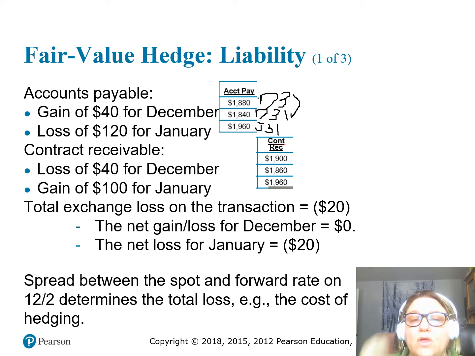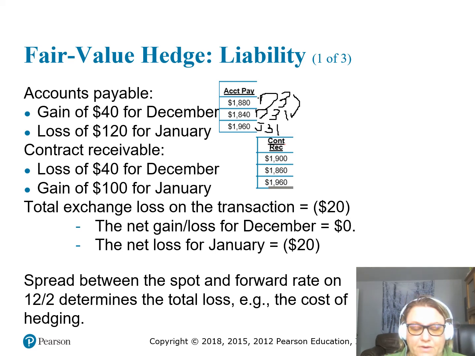Our accounts payable went down, I wouldn't say down in value, but the amount based on the hedge went down for the spot rate. So we run into a situation where, because we owe less, we have a gain.